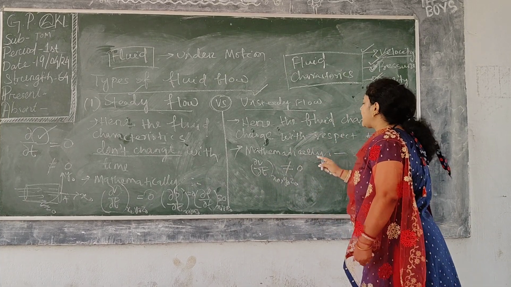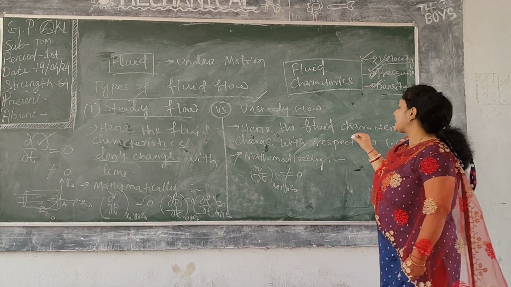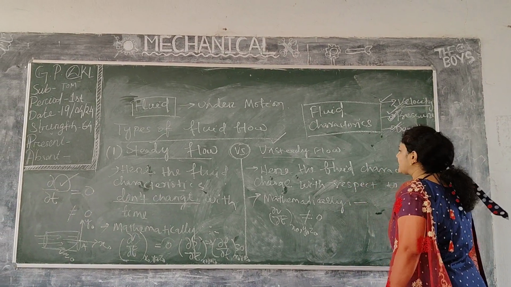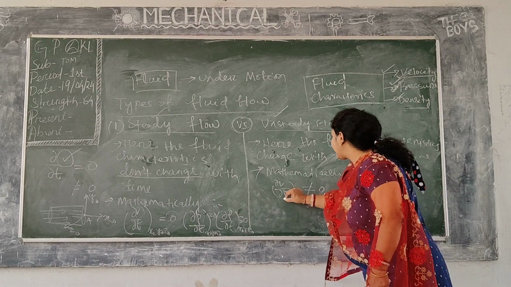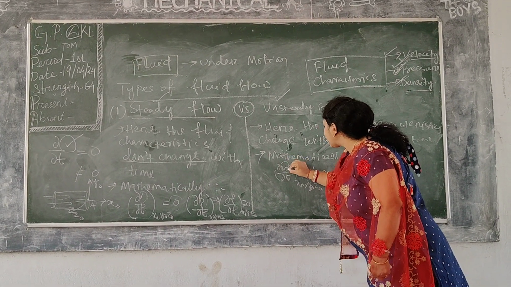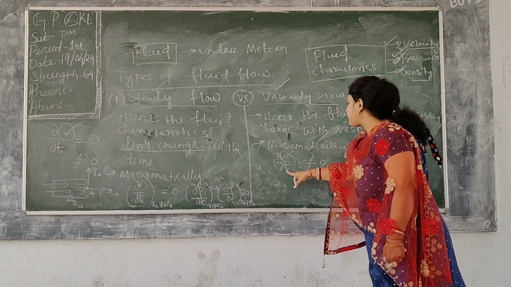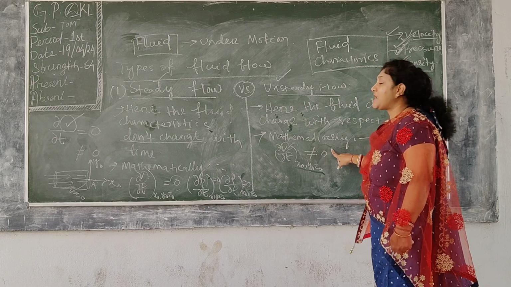But here the deviation is not equal to 0. A little bit of deviation always happens because the fluid characteristics change with respect to time. So d by dt, meaning deviation of any characteristic with respect to time, in all the three directions cannot be equal to 0.